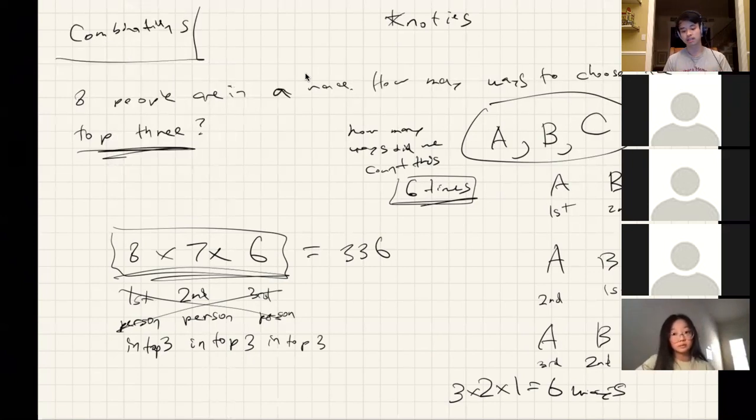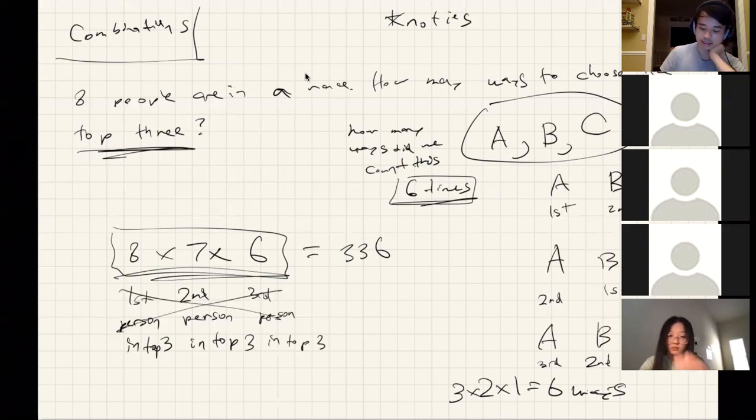So in this case, we just need to choose the group that's in the top 3. The order in which these top 3 come in is not going to matter. They're all going to be counted as the same exact configuration, this group of 3 that's the top 3.